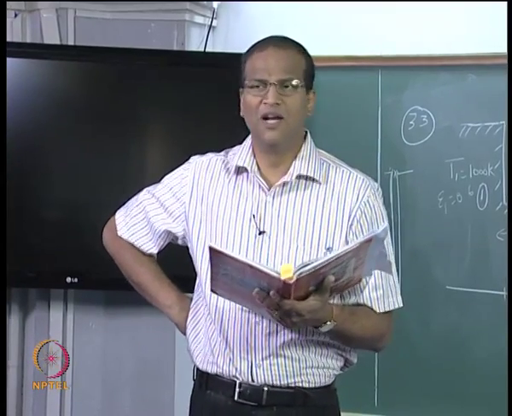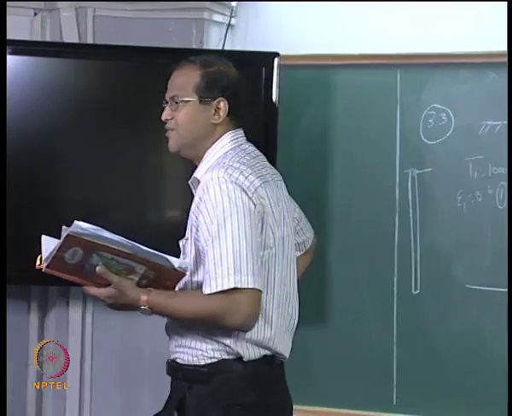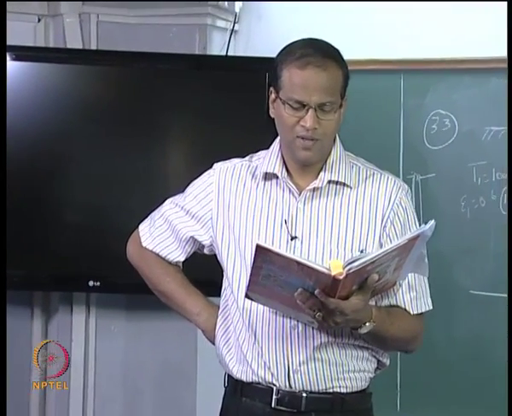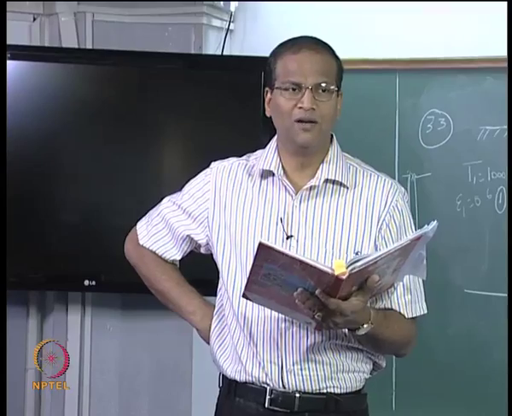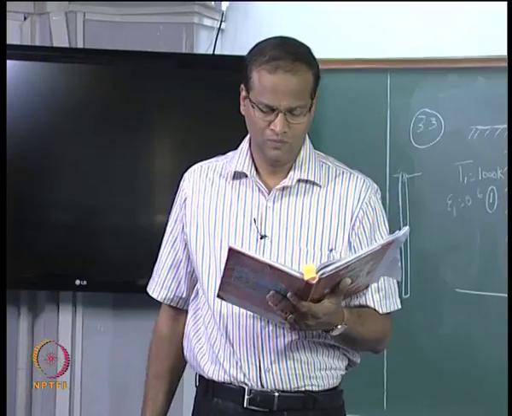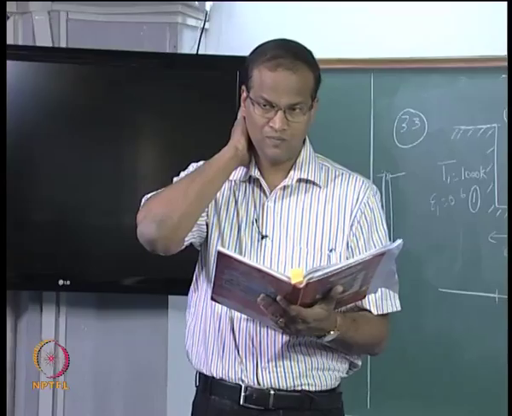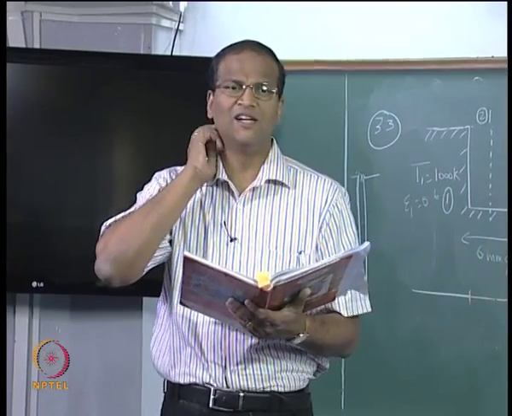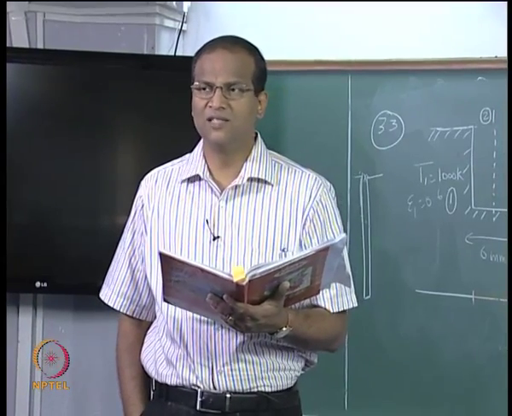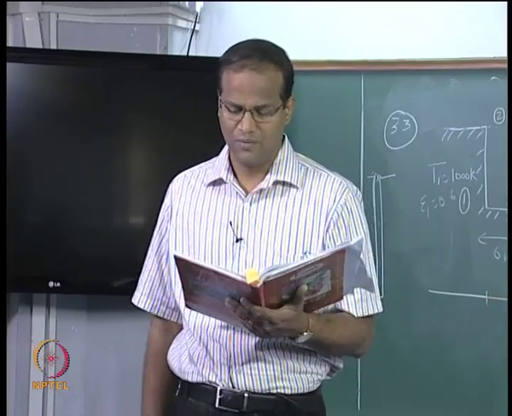In all the problems this will come, grey diffuse. In a grey diffuse material having an emissivity of 0.6 and a uniform temperature of 1000 Kelvin. The surroundings are at 300 Kelvin. Grey diffuse material, emissivity 0.6, temperature 1000 Kelvin, full stop. Surroundings are at a temperature of 300 Kelvin, full stop.